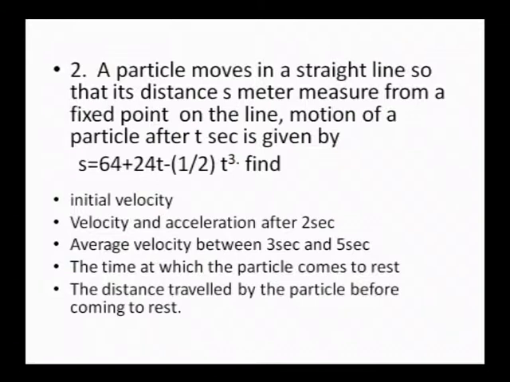Find: first, the initial velocity; second, the velocity and acceleration after 2 seconds; third, the average velocity between 3 seconds and 5 seconds; fourth, the time at which the particle comes to rest; and the last one, the distance travelled by the particle before coming to rest.